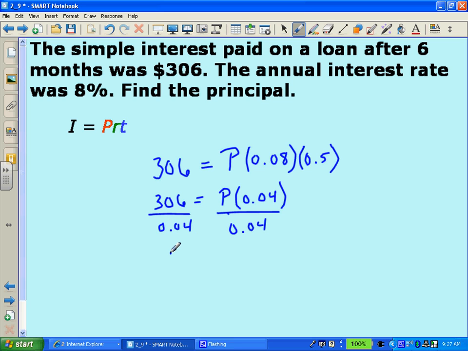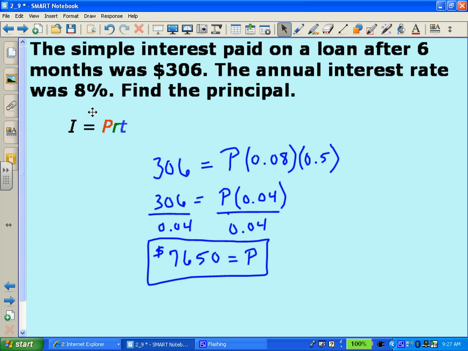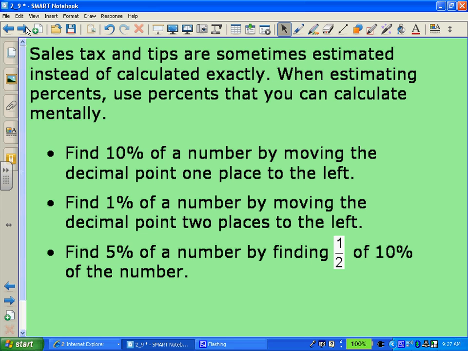So 306 divided by 0.04 is 7650. So I invested $7,650 originally. Okay? So those are interest problems. We'll be using I equals PRT for all of those.